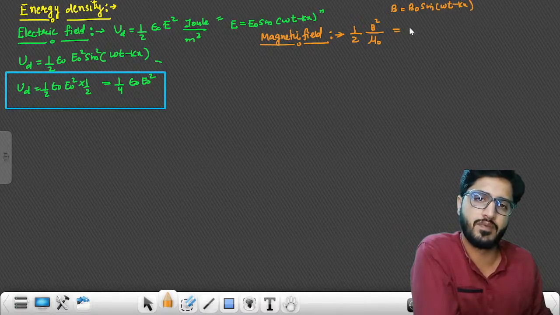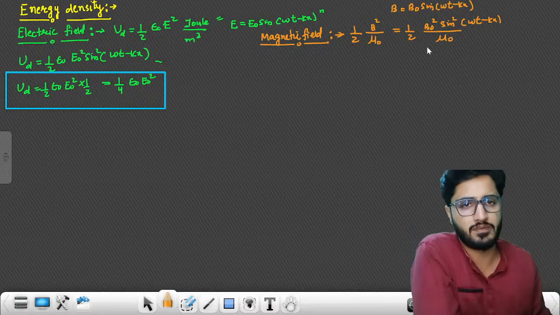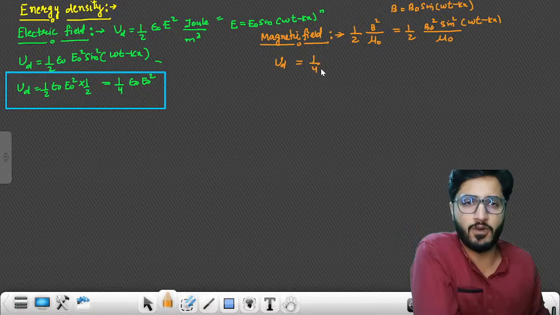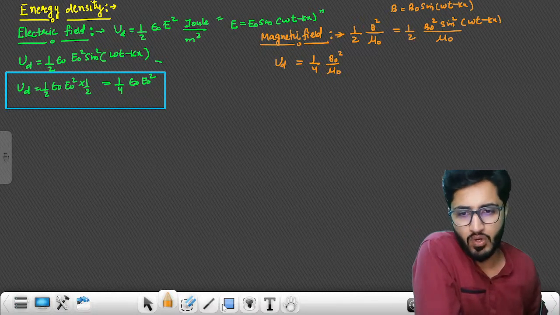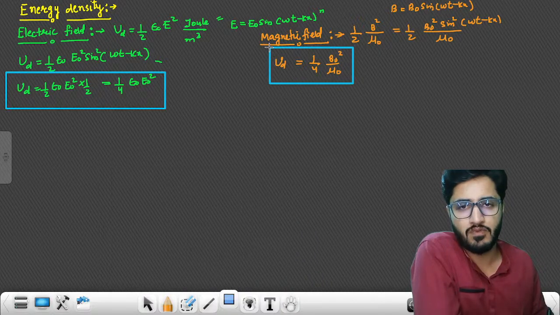So I can write 1 by 2 B naught square sine square omega t minus kx whole divided by nu naught. So it came out to be u_B equals 1 by 4 B naught square divided by nu naught. This is one more equation.